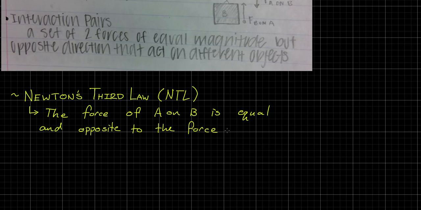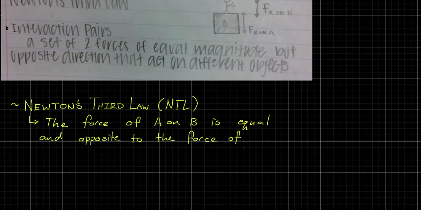If A is pushing on B, then equal but opposite, what else must happen? Okay, not everybody at once. Angel, what happens according to this picture? If A pushes on B, like this, what else is going on here? Yeah, B is pushing up on A. So the force of A on B is equal and opposite to the force of B on A.